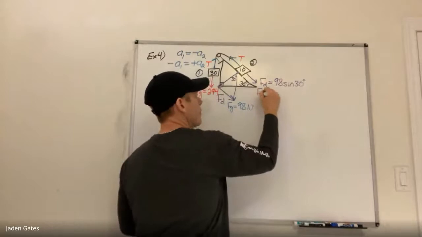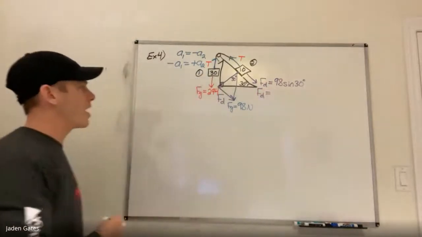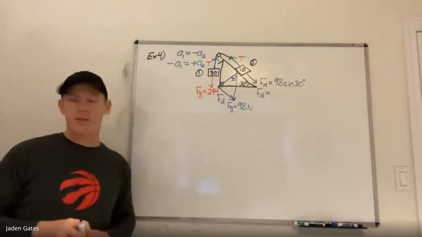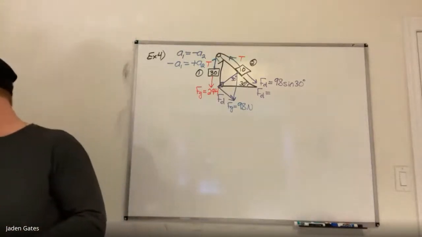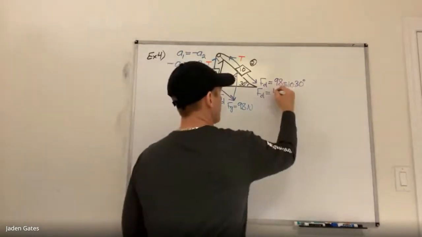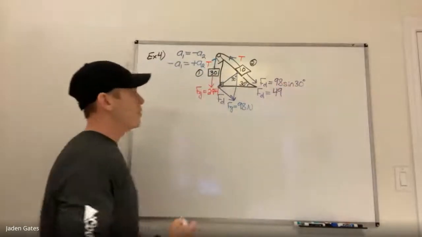And so that component of gravity, that is bringing that 10 kilogram mass down the slope, is 98 times sine 30 degrees, just a little bit of trig. And I end up with a flat number there, 49 newtons.